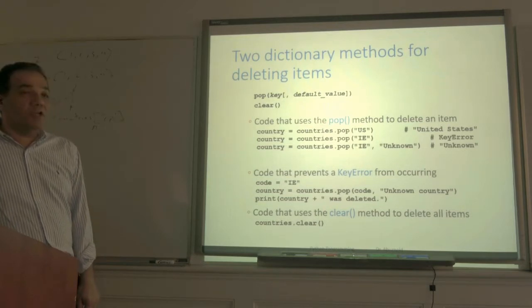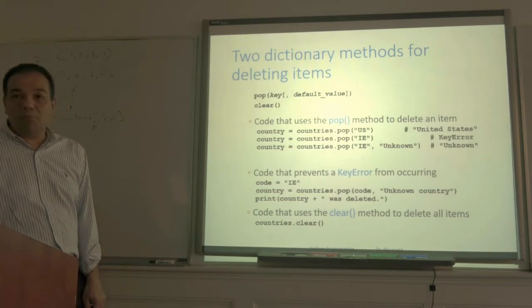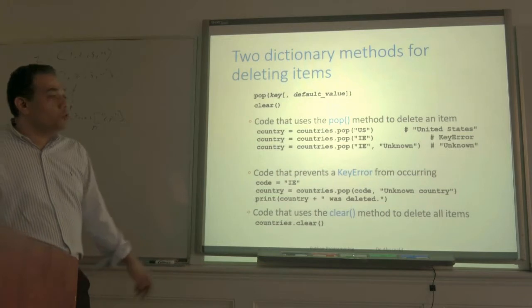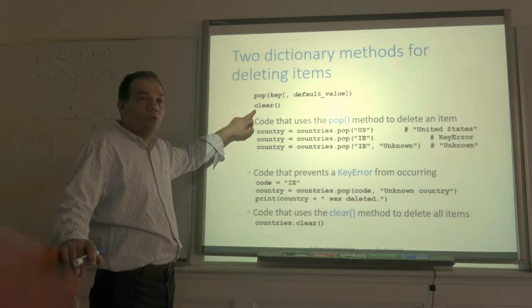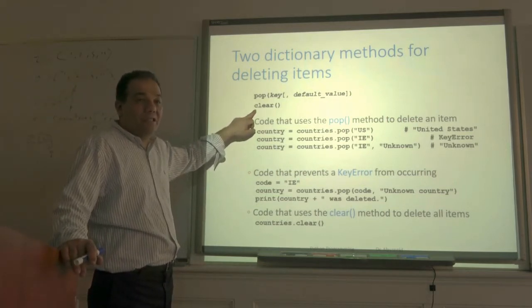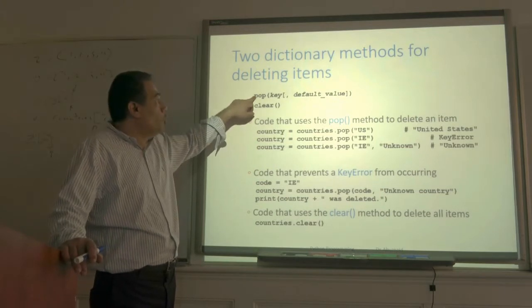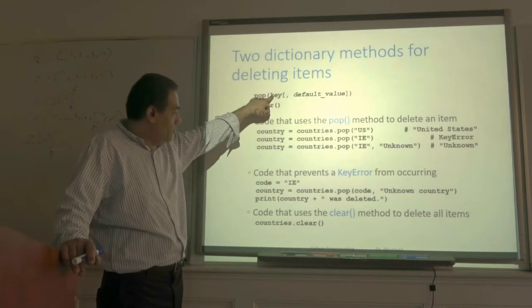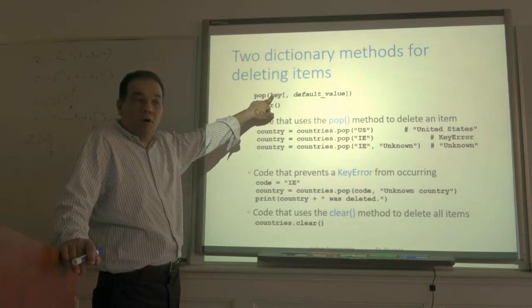The same thing, to delete items, you could use pop, okay, all right, or you could use clear. Clear, what does it do? Clears the whole dictionary, makes it an empty dictionary. Or pop will remove the key and the value, as a pop like we used before.